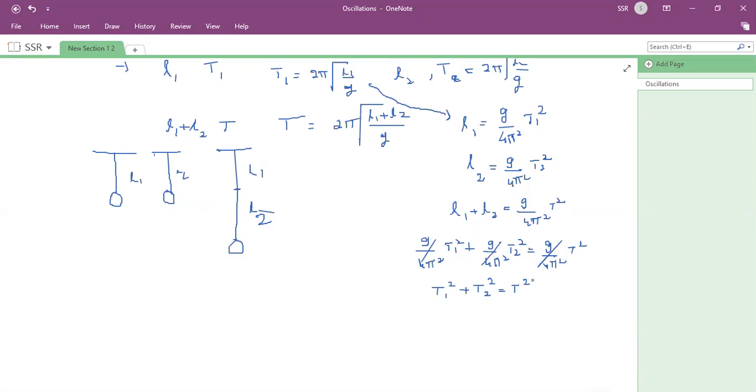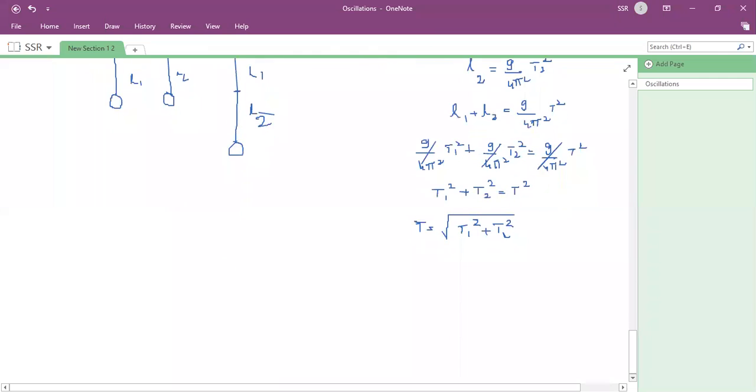If you add the two pendulums, yes or no? Yes, sir. Right. Similarly, you can subtract also. That means if you add the lengths, then finally you can write T is equal to root of T1 square plus T2 square.